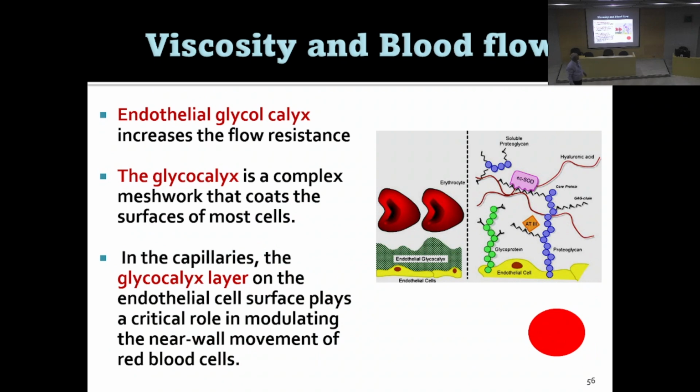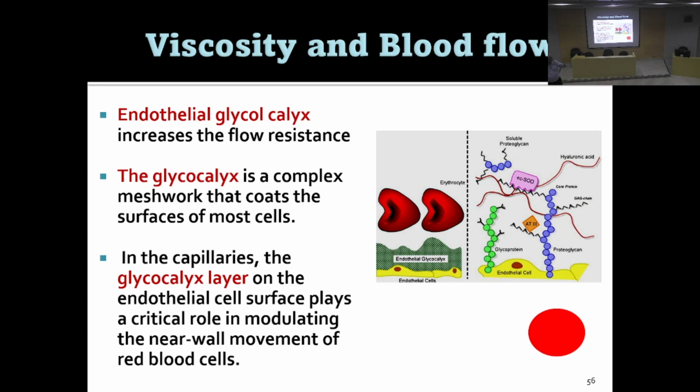Endothelial glycocalyx. It's some kind of glucose-based material, the covering layer on the inside of the tube itself, of the vessel. Okay, it has a few functions. One function is to increase permeability, for food to go out of the capillaries and so on.